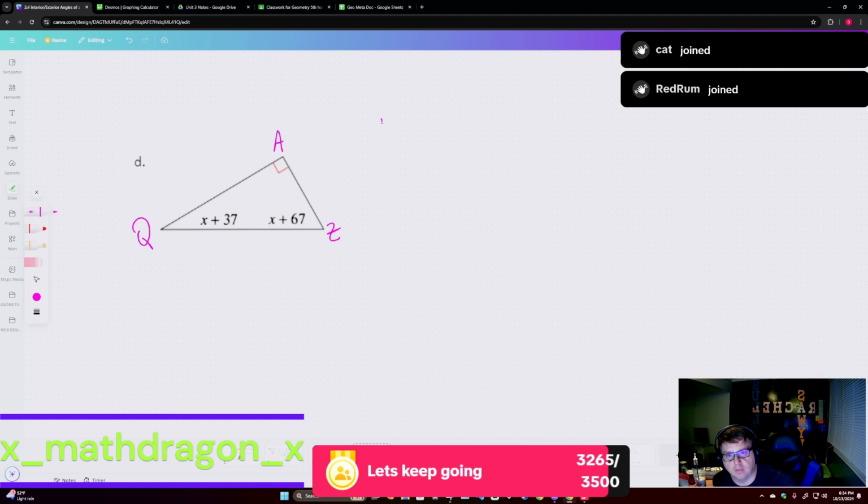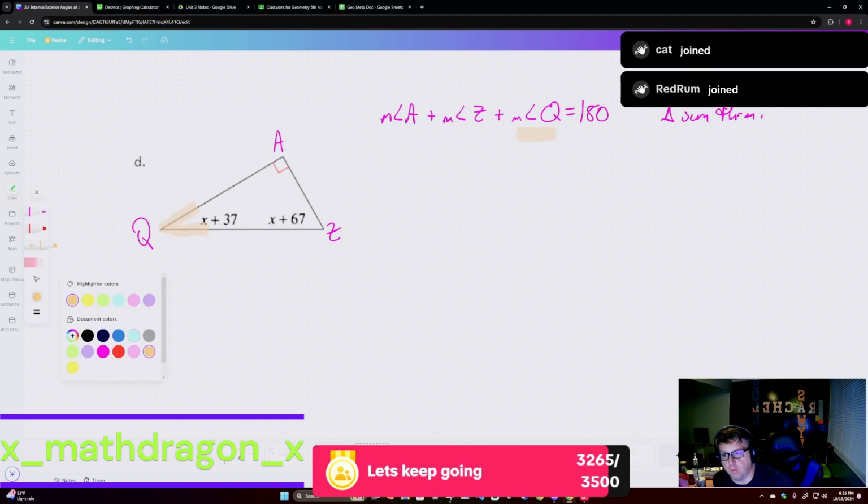So we'll take the measure of angle A plus the measure of angle Z plus the measure of angle Q equals 180 degrees. That's the Triangle Sum Theorem. So all three angles in a triangle add together to give you 180 degrees. That will always work.